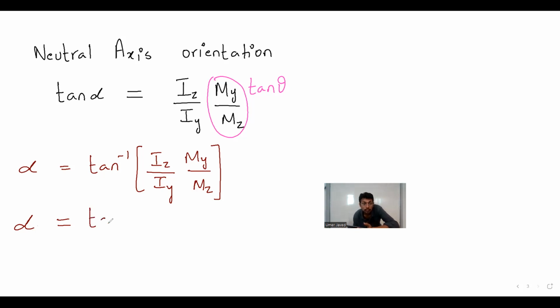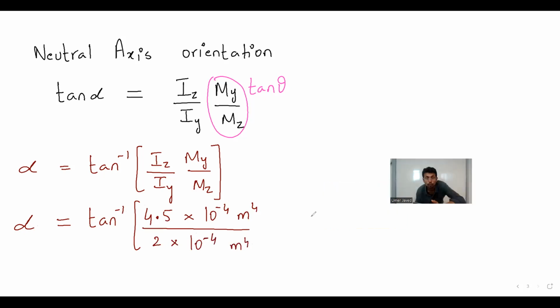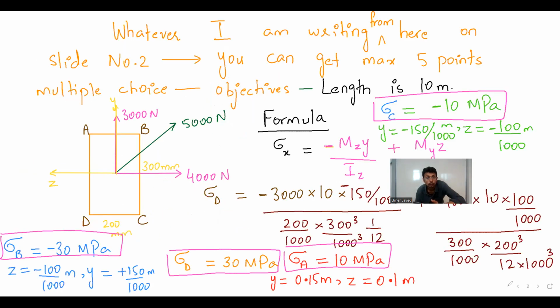So tan inverse Iz is 4.5 into 10 power minus 4, I think, meter power 4. Iy I calculated as 2 into 10 power minus 4 meter power 4. My I don't remember. I have to go back. My was 4000 into 10, right?